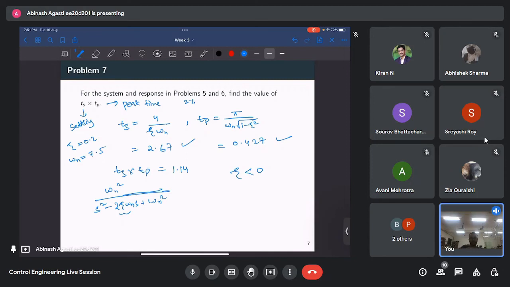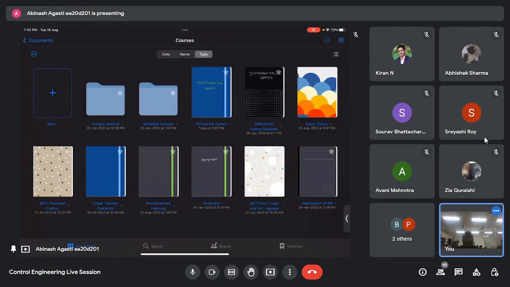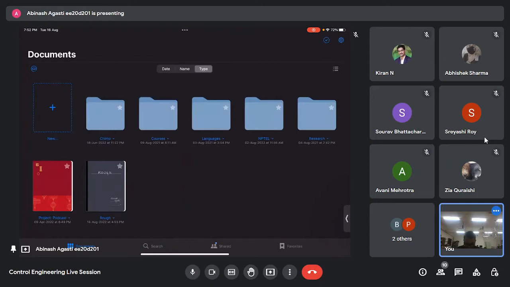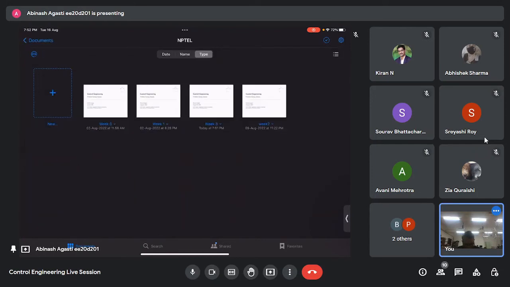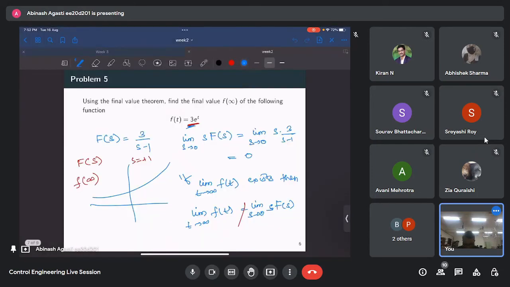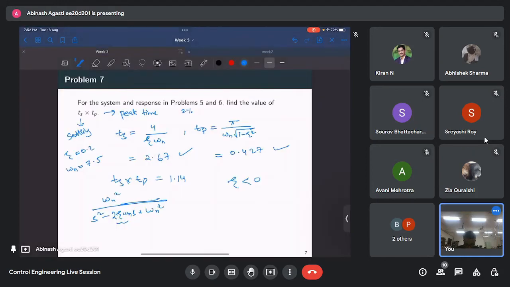So if you have negative damping, then the system will grow. If I have a positive value of damping, then if I have some oscillations, they'll die down, they'll damp away.